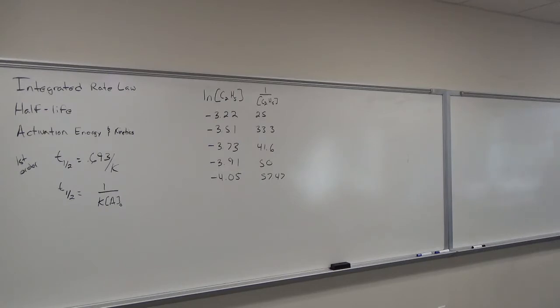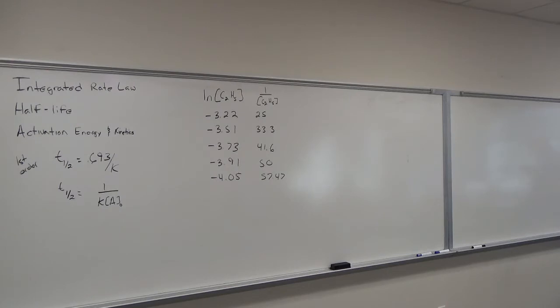All right, now we get into the nitty-gritty of where people that remember our elementary, I guess this is middle school, high school math. To determine k, we must realize that if 1 over concentration is the y-axis and t is the x-axis, we must remember that 1 over C5H6 is equal to kt plus 1 over C5H6 initial, which means that the slope of our line is equal to k, because this is y equals mx plus b.